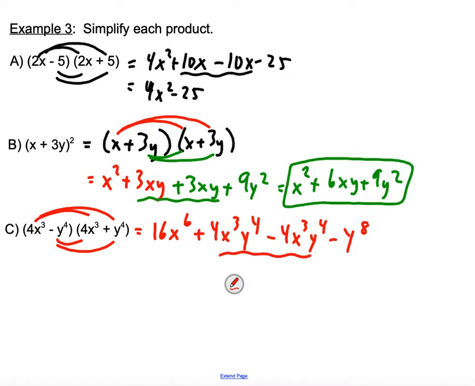Combine those middle terms. Notice what happens. They cancel out. So 16x to the sixth minus y to the eighth.